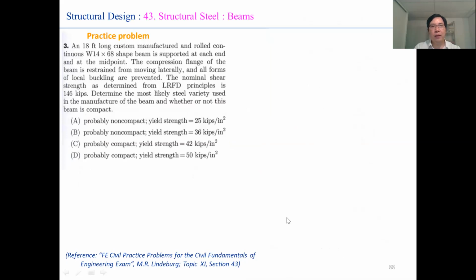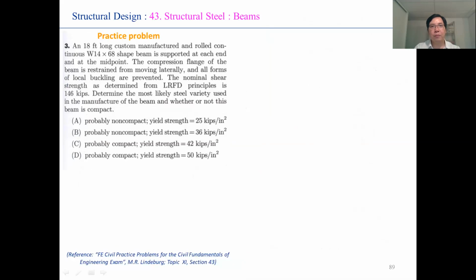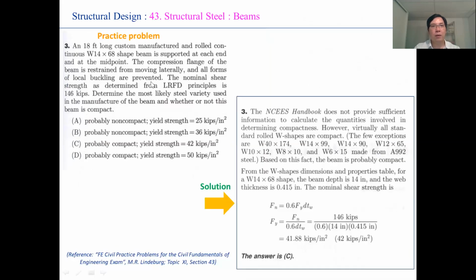Now for another practice problem. Here is the input data of the problem. A 15-feet long custom manufactured, continuous W40x60A shape beam is supported at each end and at its middle point.